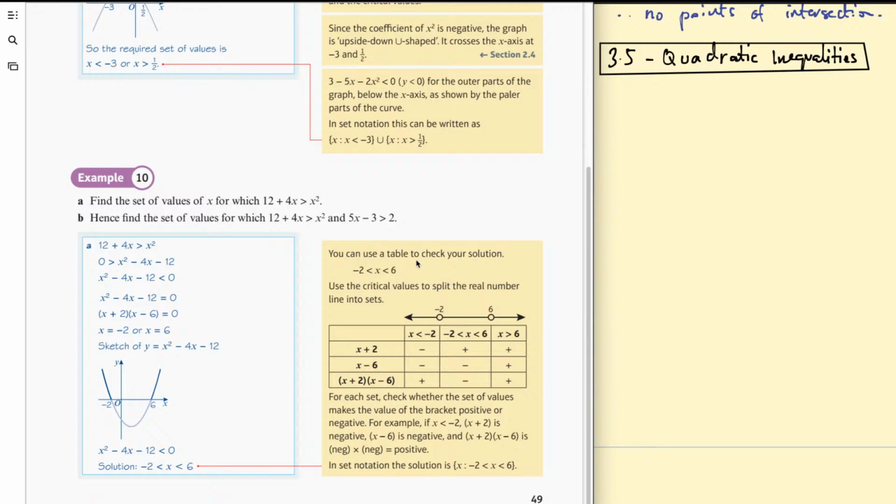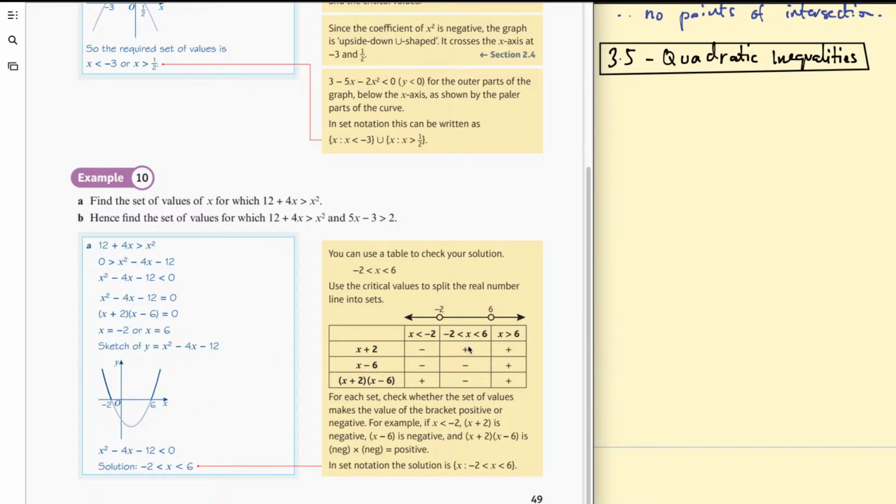Here it says you can use a table to check your solution. So I would suggest either graphing it or doing the table. Well, I guess also it is, as they say, you can use it to check that your graph is correct.